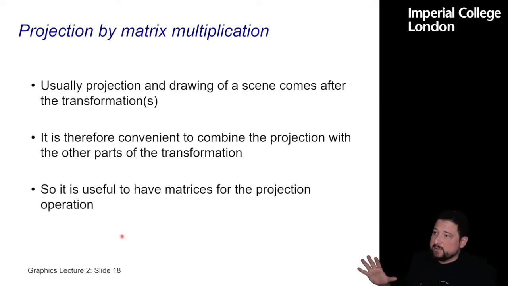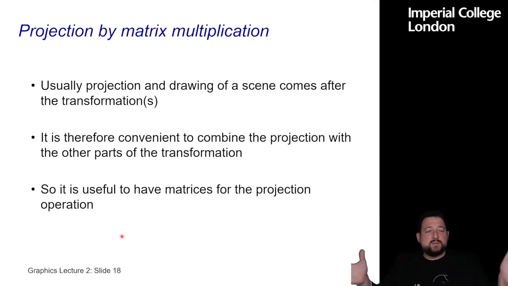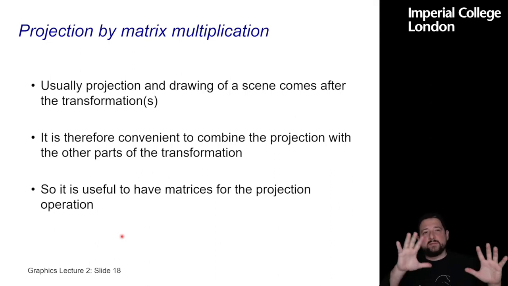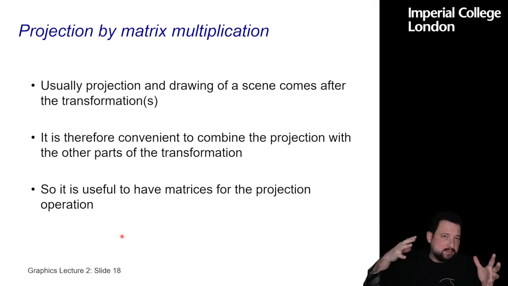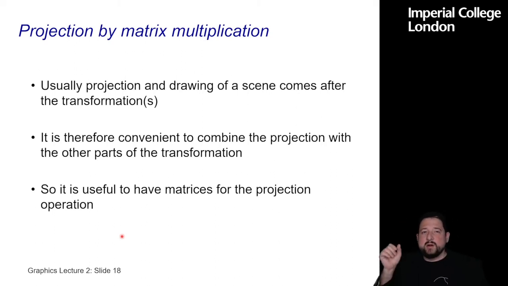So usually the projection and drawing of a scene always comes after all the transformations. So we transform, we animate objects, we transform everything from our world space into our viewing space coordinates, where my viewpoint is always at the center, always at the origin. My viewport is always at the origin.